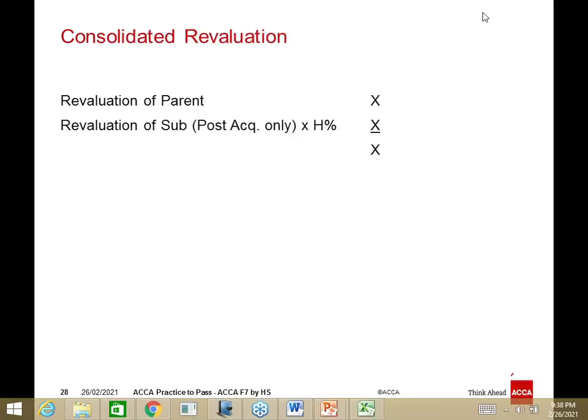Goodwill impairment will be deducted in both cases. But I'm just telling you how to calculate the goodwill on the proportionate basis and the fair value basis.